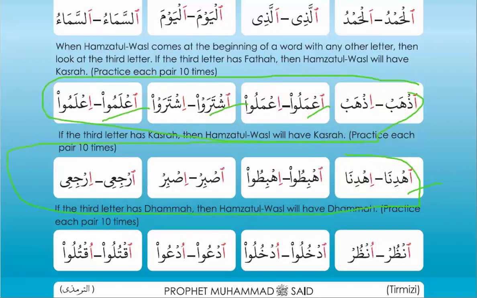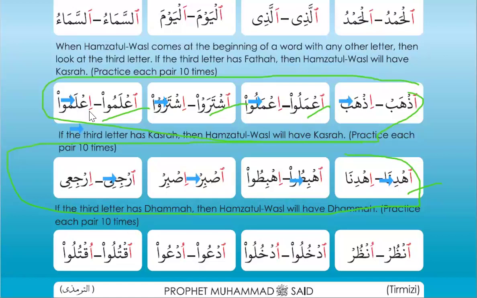You're looking at the third letter that is found right here. The lam for this one, the ta here, the meem here, the ha here, the dal here. What is it here? The ba here, the ba here, and what? The jim here. You're looking, so count again.